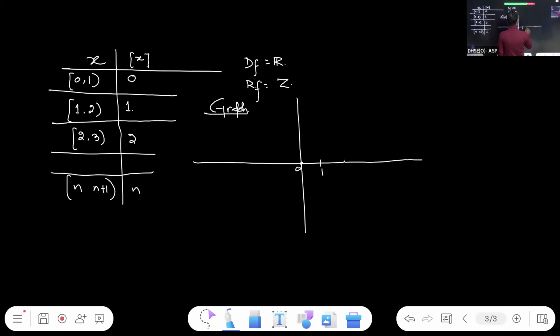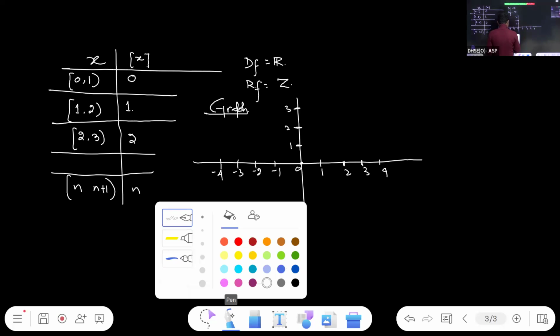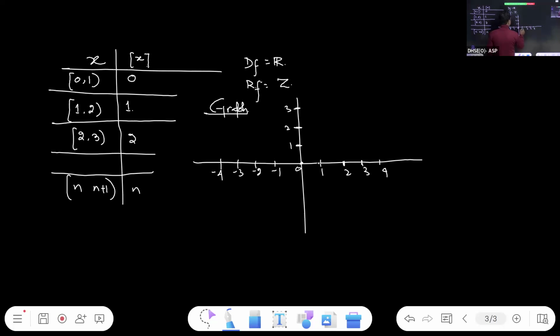When we come to the graph of the function, zero, 1, 2, 3, 4, minus 1, minus 2, minus 3, minus 4. When x lies in the interval 0 to 1, bracket x is 0. When x lies in the interval 1 to 2, bracket x is 1.